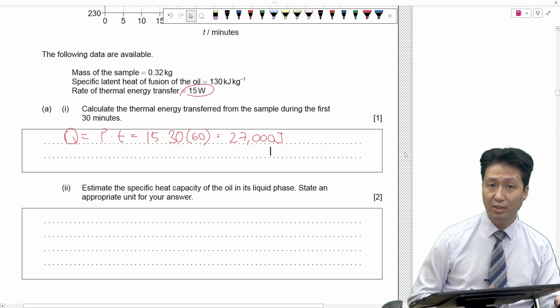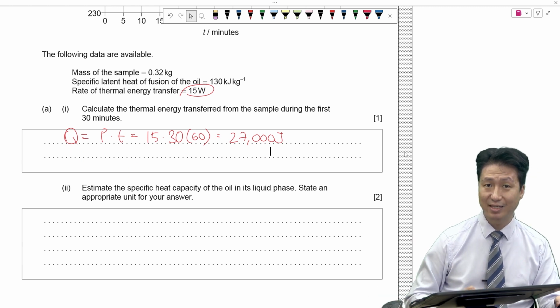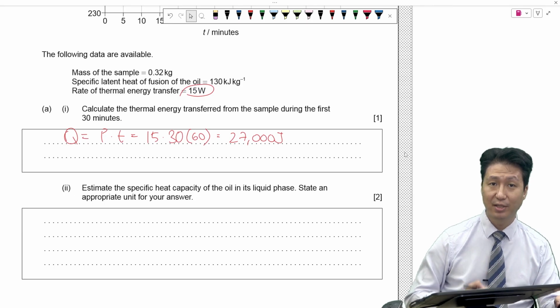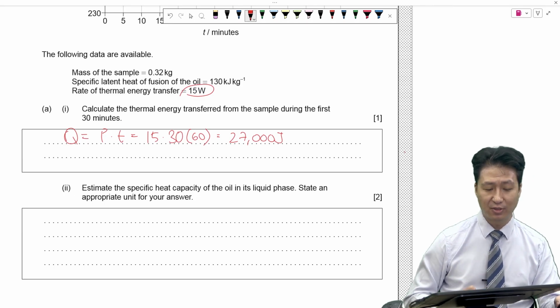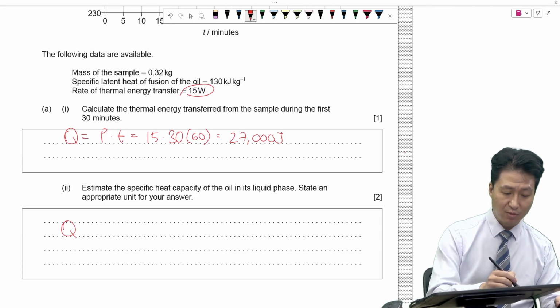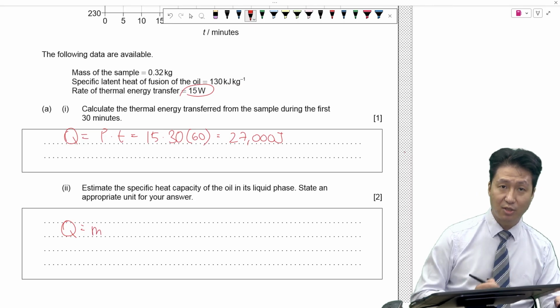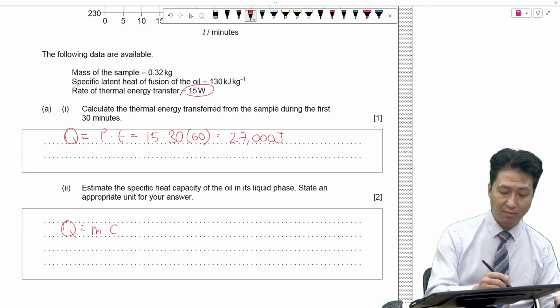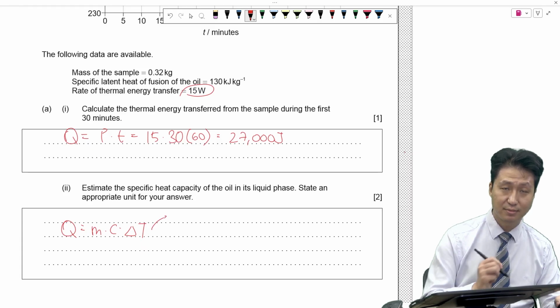The next part of this question says, estimate the specific heat capacity of the oil in its liquid state. State an appropriate unit for your answer. We will use the equation: the thermal energy transferred is equal to the mass times specific heat capacity times the change in the temperature.